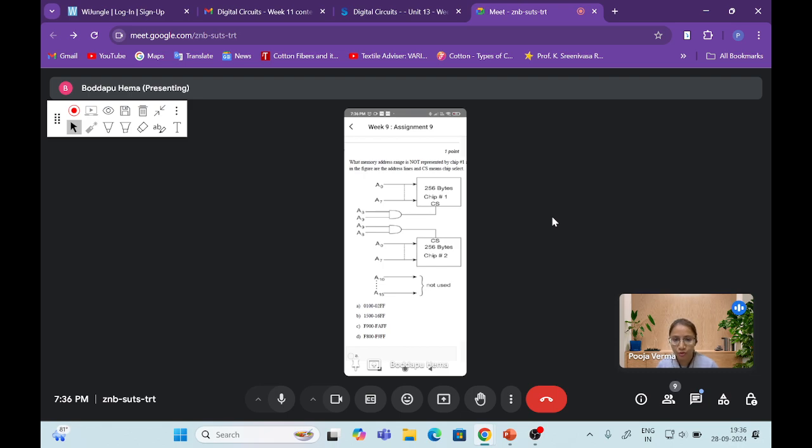Just find out what address range is represented by the memory. Then we need to check which range it is not able to represent by chip 1 and chip 2. Otherwise, you can share the question in an email.